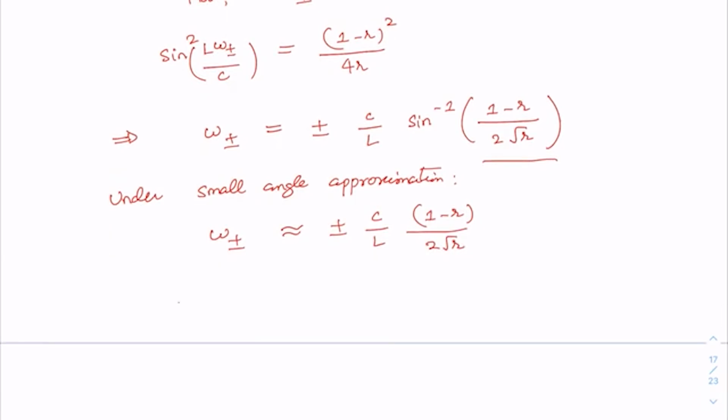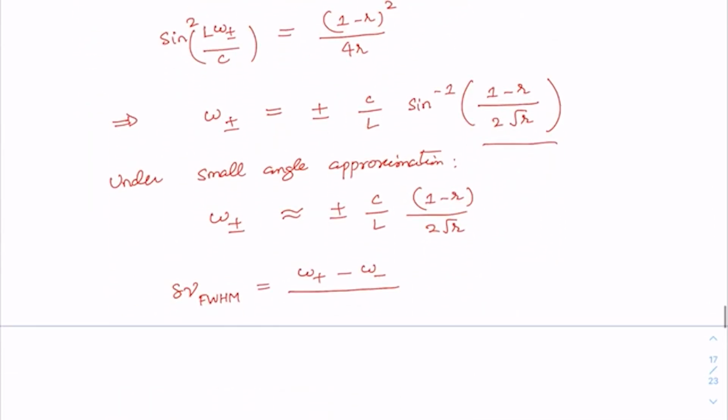Now if I define this full width at half maximum, that is basically delta nu FWHM, that is omega plus minus omega minus divided by 2 pi.